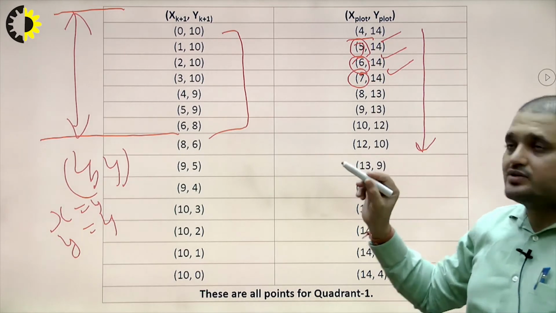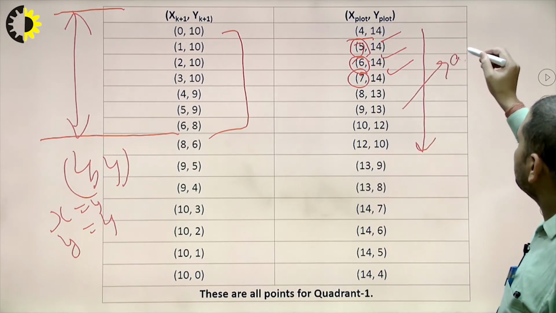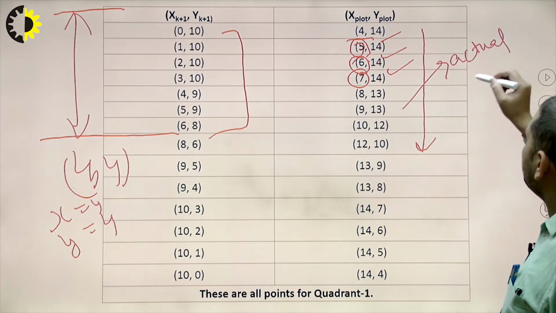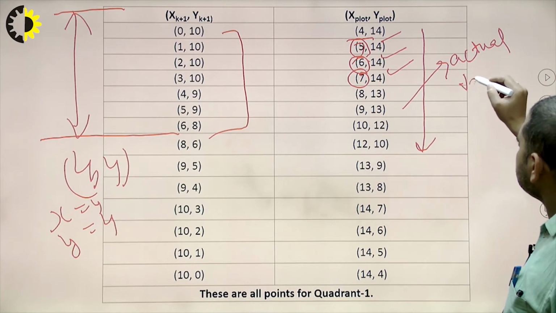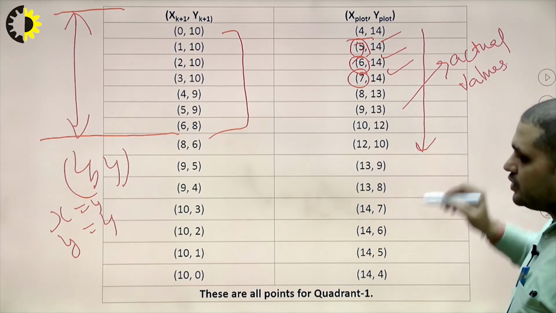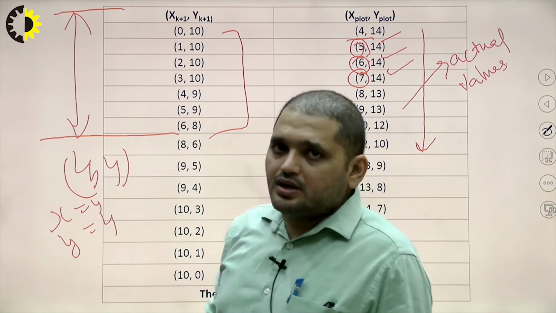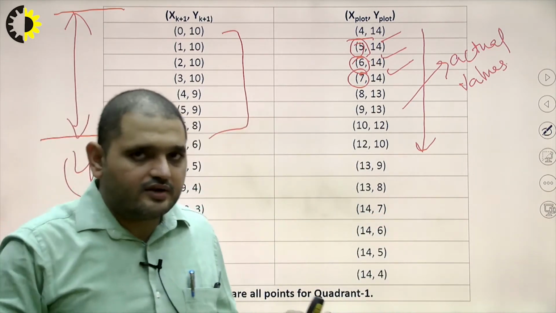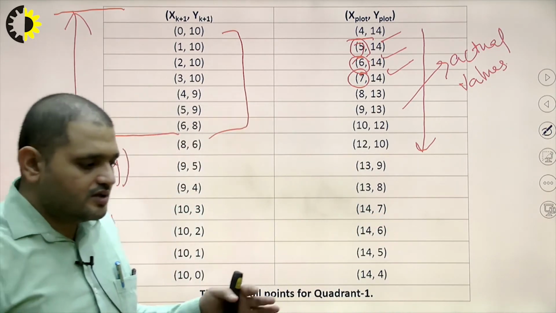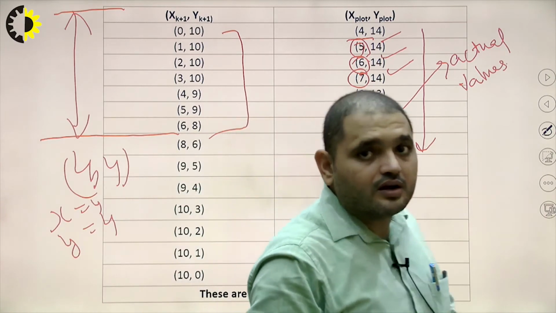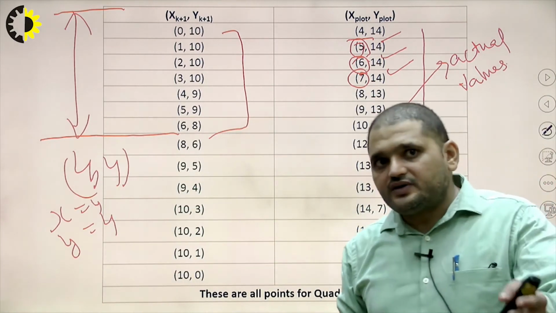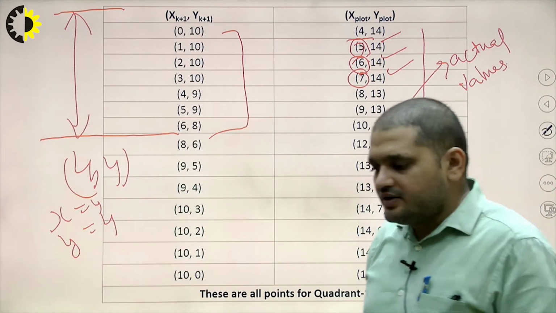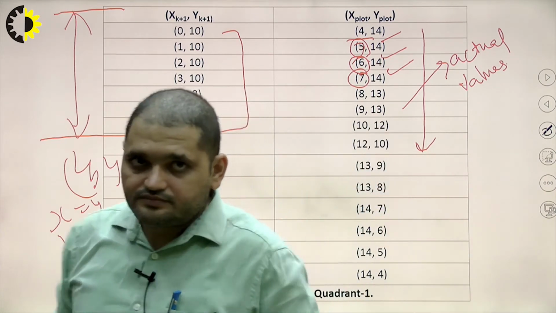These are the actual values for plotting the circle. So I hope you understood the midpoint circle drawing algorithm, how we can find the intermediate coordinates of the arc of an octant so that we can draw the circle.